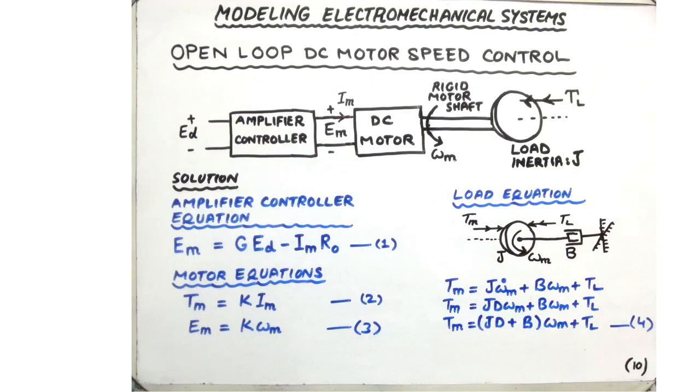Four equations are sufficient to develop the differential equation of our interest, but not before some simplifications, namely the algebraic simplification, particularly in terms of representing the derivative of the velocity in terms of the derivative operator capital D. So remember, D omega m is essentially the same as omega m dot.